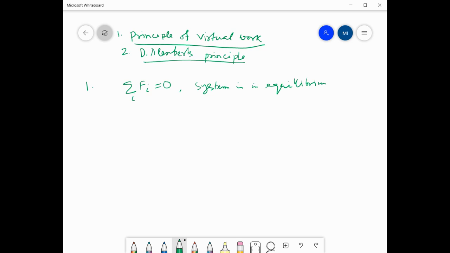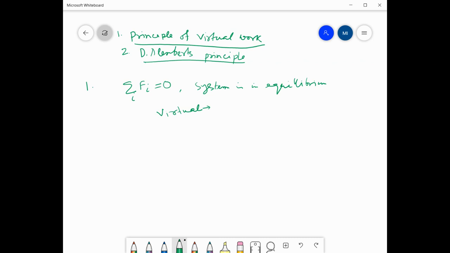Then what is virtual displacement? Since there is no external force, any displacement cannot happen due to this force because there is no force. So the displacement in which no work is involved is called virtual displacement.